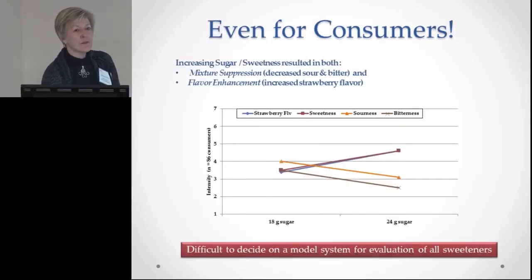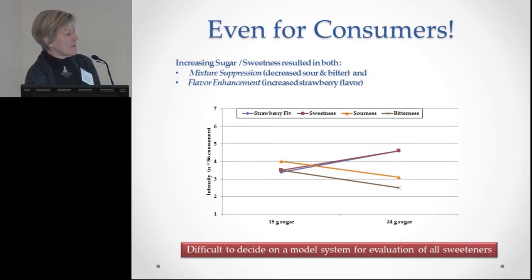And even consumers pick up on this. So we had a couple of products, and I don't know the actual percentage concentration if this was in a batch system, so don't pay too much attention between the 18 and the 24 grams sugar. But in increasing the sugar, these different measures, and again, this one I actually asked consumers intensity.